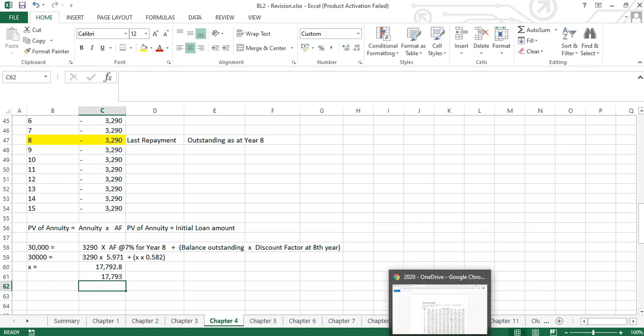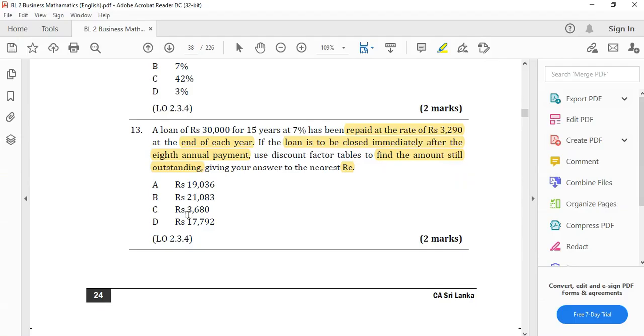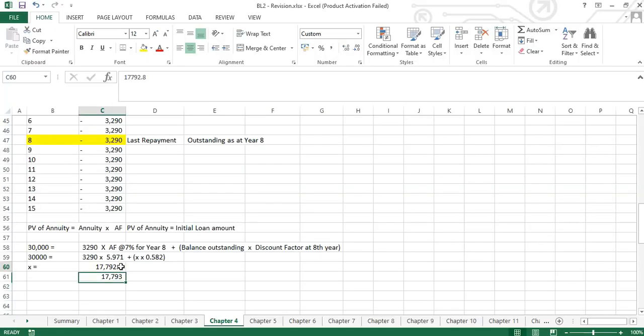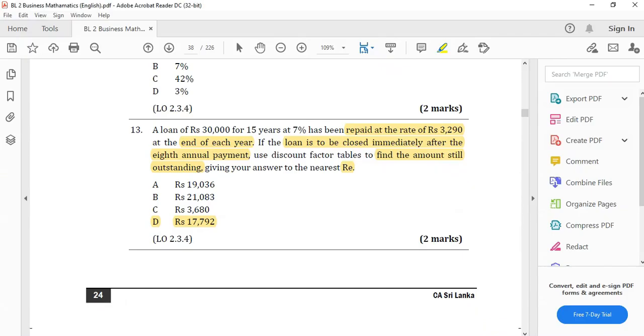That will be the answer for question 13. There could be decimal differences depending on how the formula was applied, but if it's nearly this, you could select the same answer. Answer D.